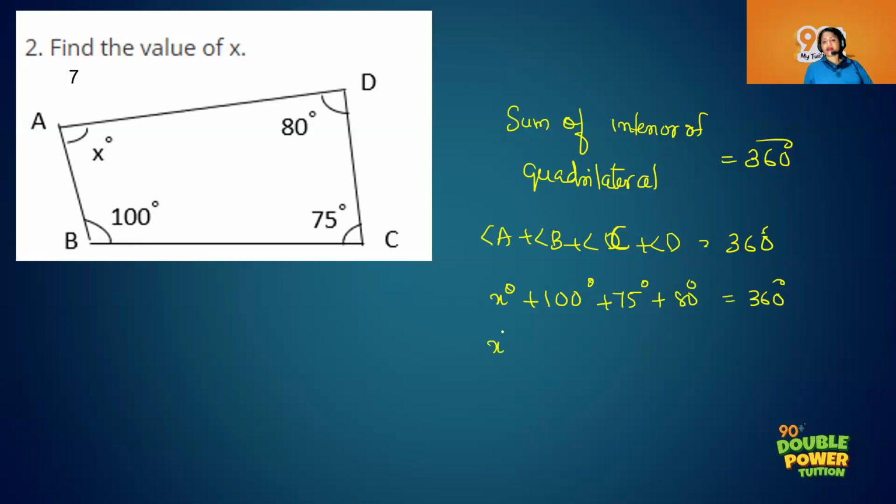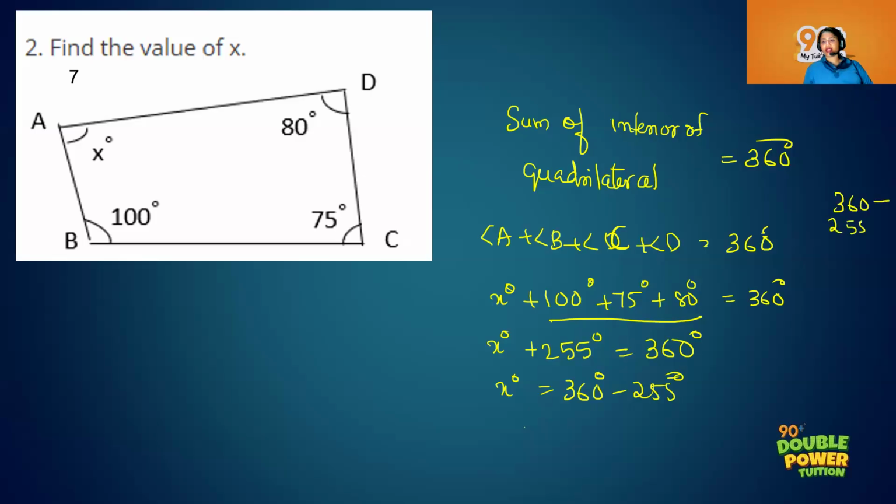So that is x plus, while adding 100, 75 and 80, 255 degree is equal to 360 degree. Have to add all this together. That is 360 degree minus 255 degree. That is equal to 360 minus 255.